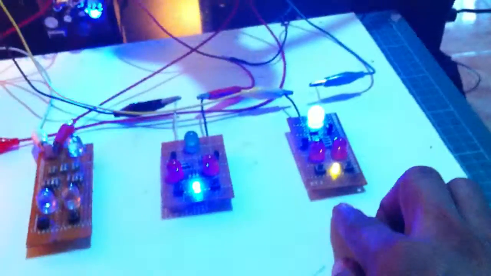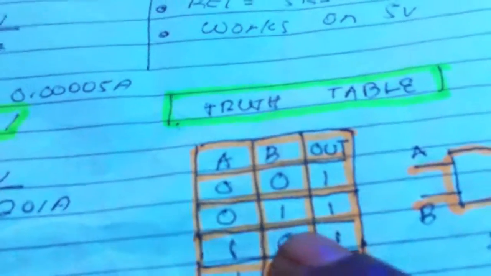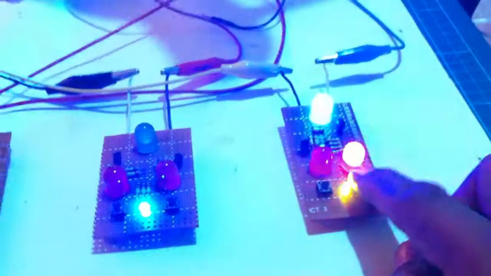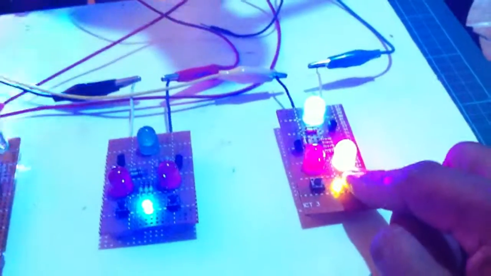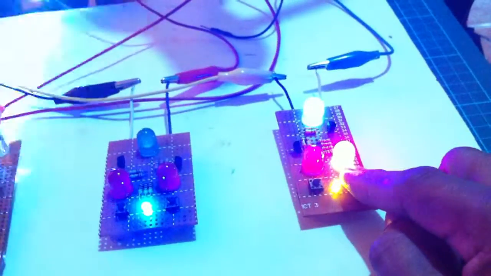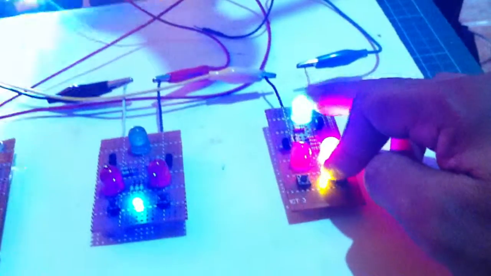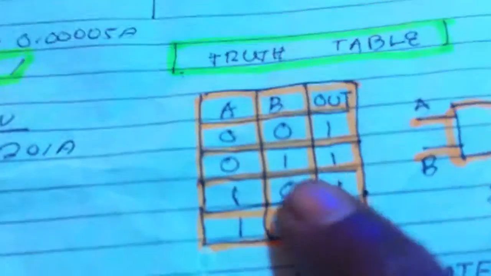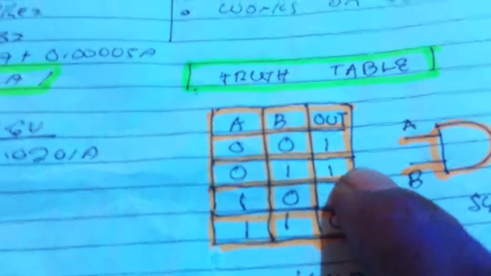So the LED turns on. Here, with no input, switch A and switch B with input, the LED still turns on. See, this is the input of switch B, still with output light. With input light B, output light.